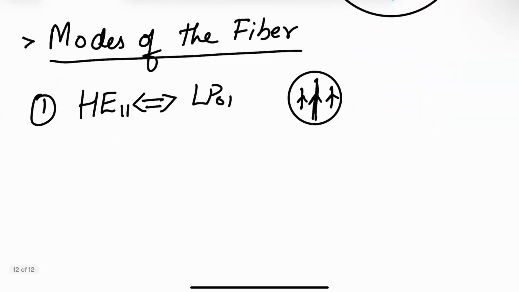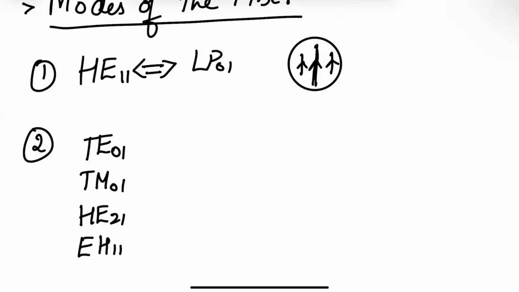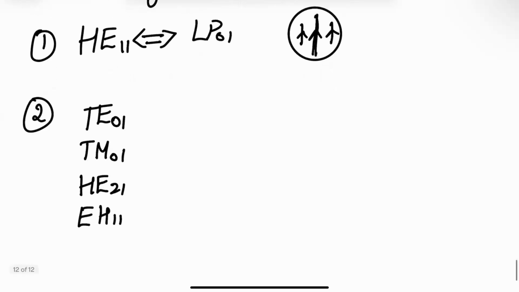The second mode is the LP11 mode, which is a combination of four modes in the EH and HE basis: TE01, TM01, HE21, and EH11. All of these have almost the same propagation constant, and they are usually lumped together as LP11.